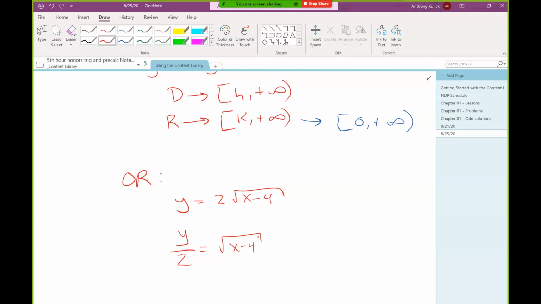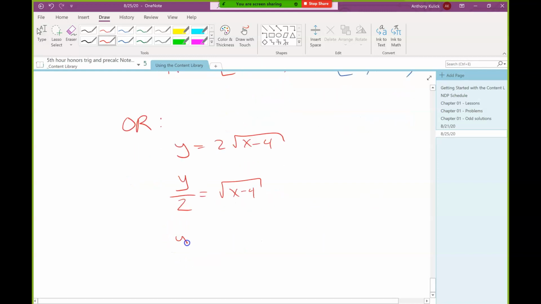I'm seeing some head nods here. Now what would you want to do? Square both sides, right? Which is perfectly reasonable to think to do. What's the problem with doing that, though? We'll write it down. What was our problem when we squared both sides here?